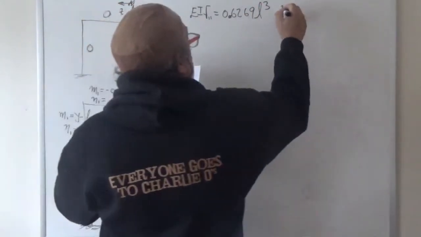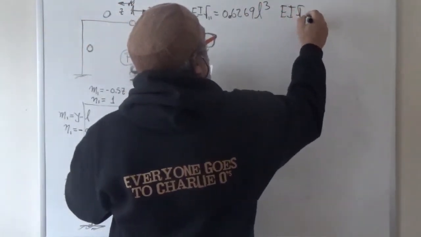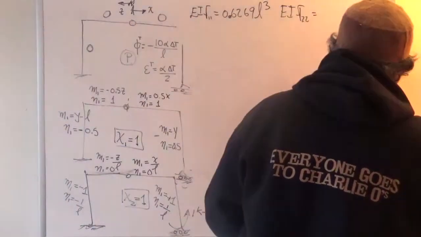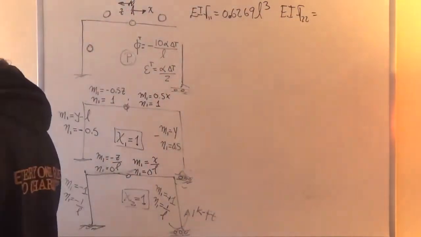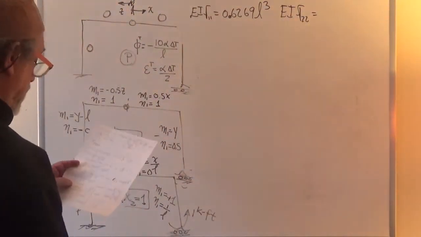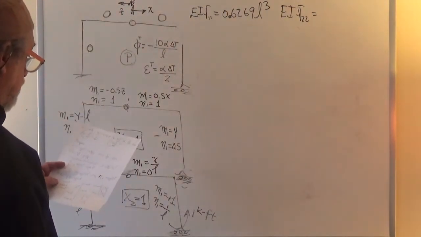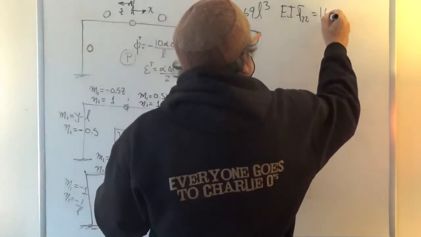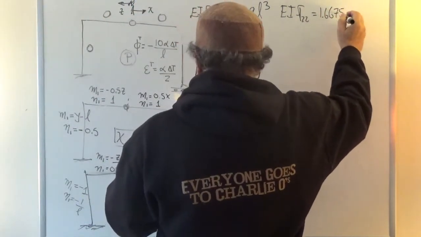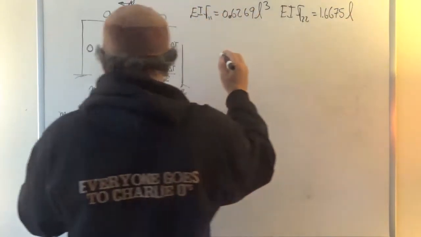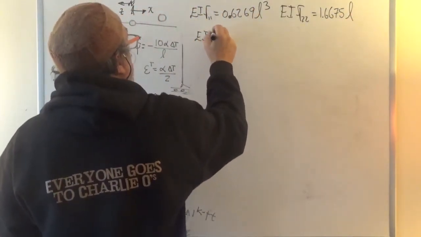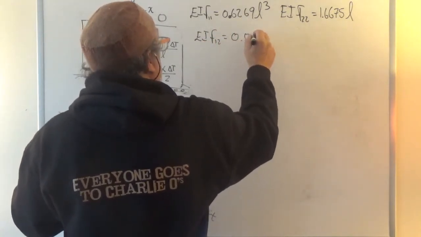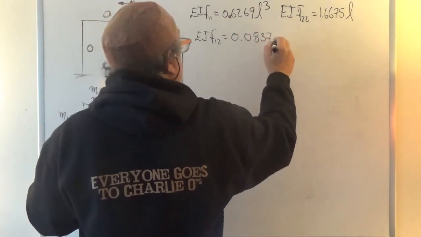I get EI times F22 is 1.6675 L. I get EI times F12 is 0.0837 L squared.